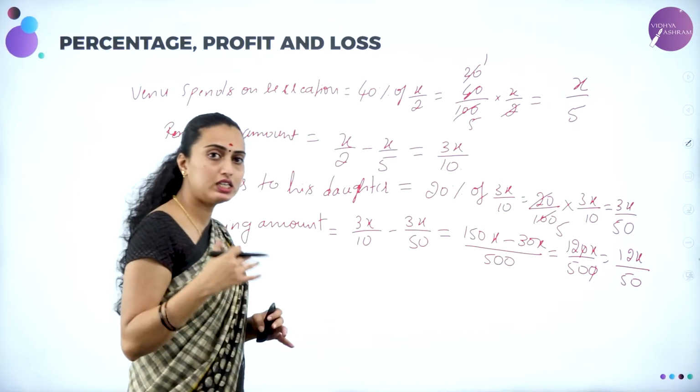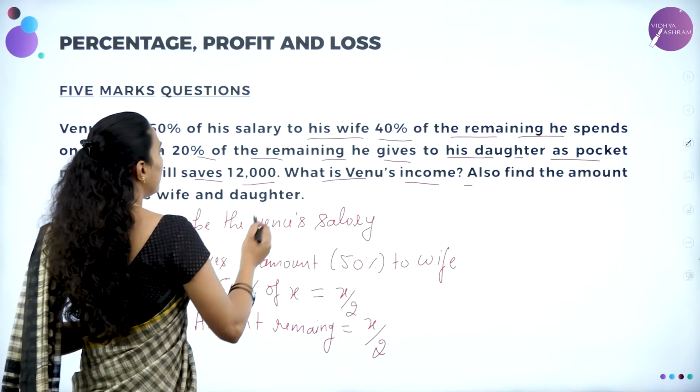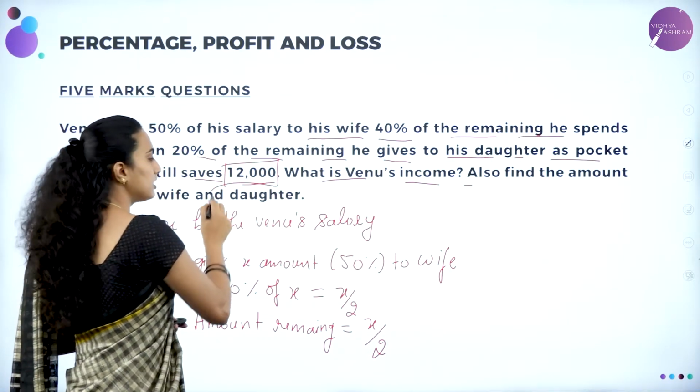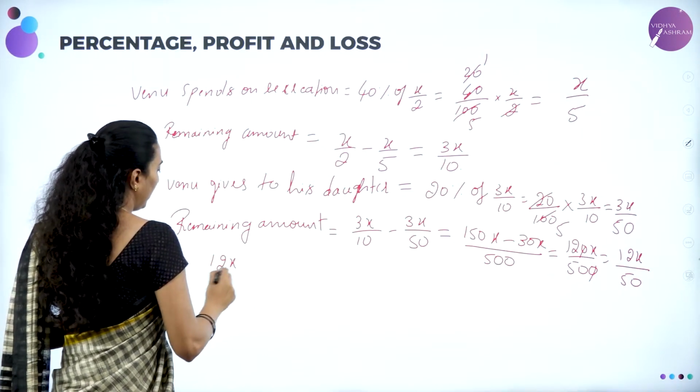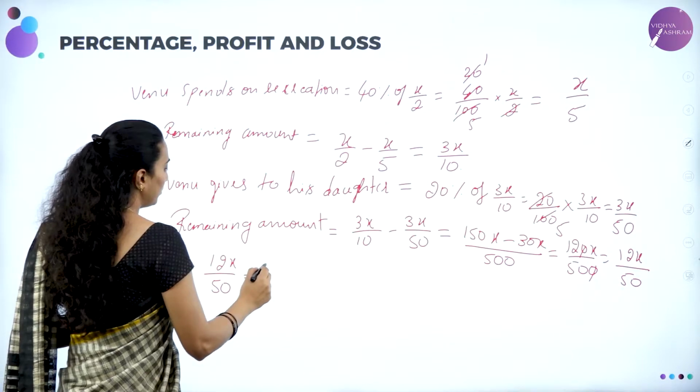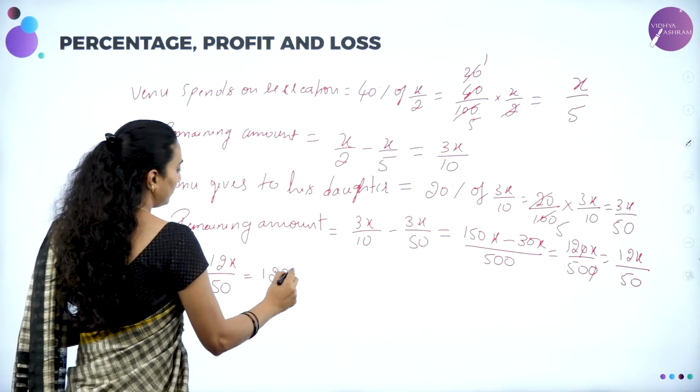So what is he still going to remain with? 12,000 he saves. Therefore you can equate that 12x divided by 50 equals 12,000.